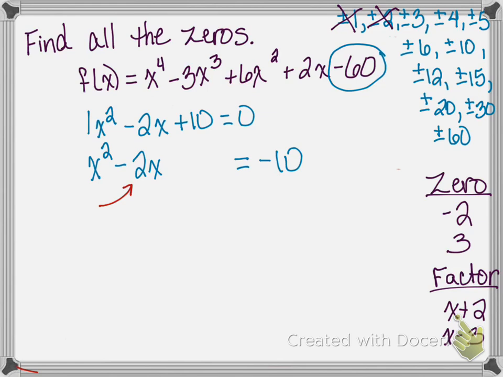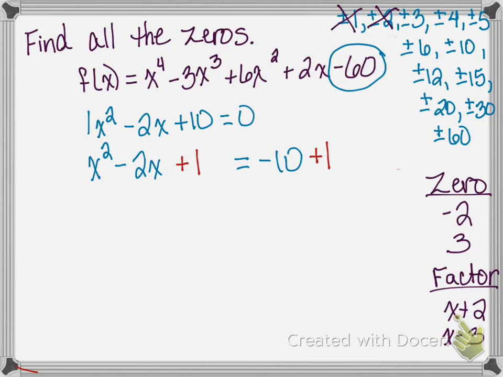Negative 1. And what is negative 1 squared? 1. So I'm going to add 1 right here, and then I'm going to add 1 right here. Okay? Now, the reason that I added 1 is because I'm dealing with both sides of the equation.